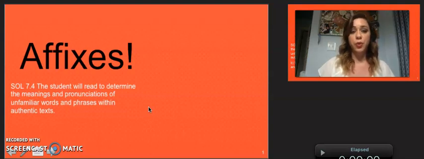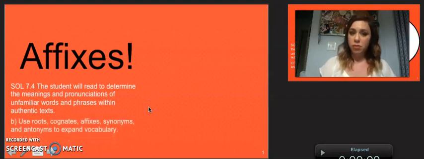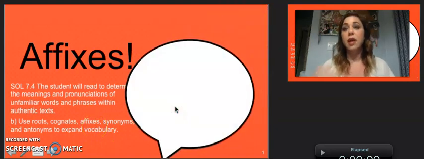The hope is to help you make meaning of words that you don't understand or aren't necessarily familiar with by giving you the tools you need to do that. And again, in this specific standard, we're going to be working with affixes specifically, and we'll keep working on everything else as we go.